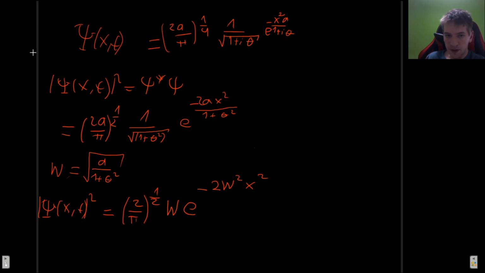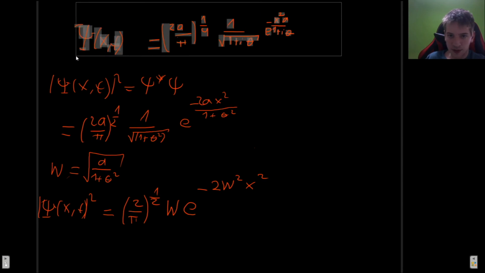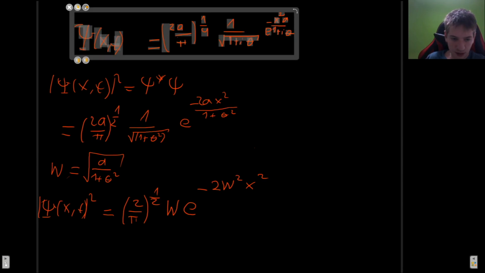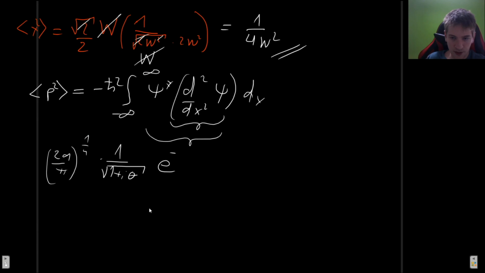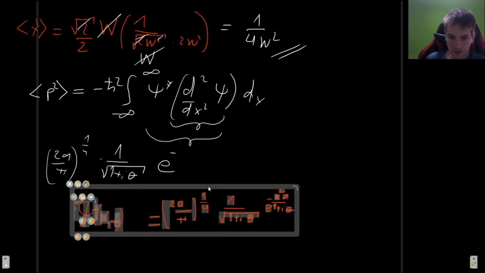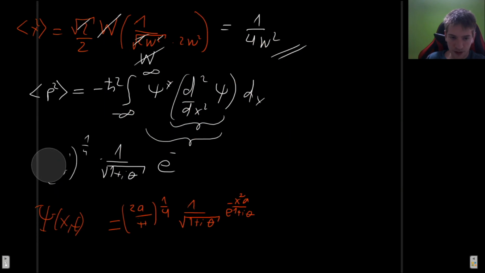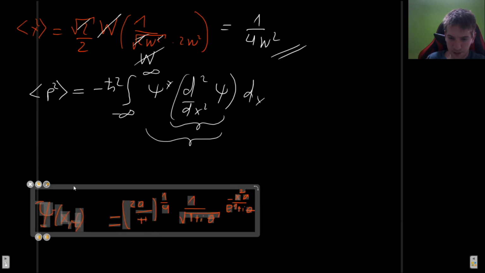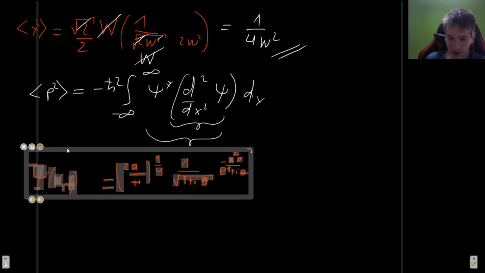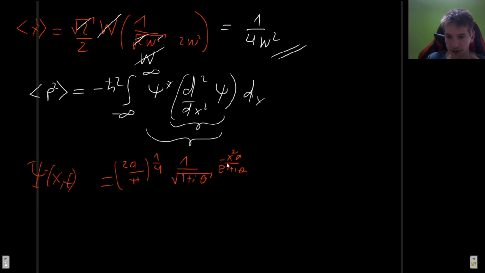So this was it. I'm just going to copy it actually. That was the result that we had. We still had a few different notations, but basically that was it.